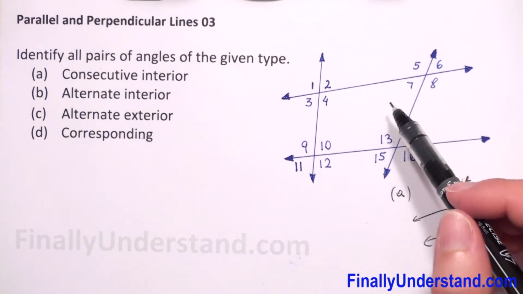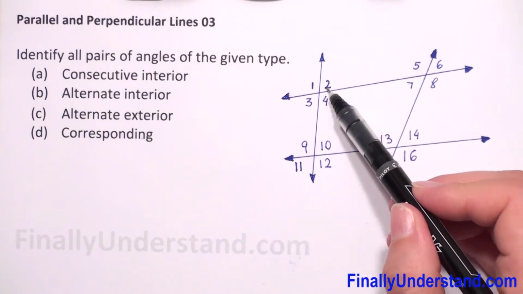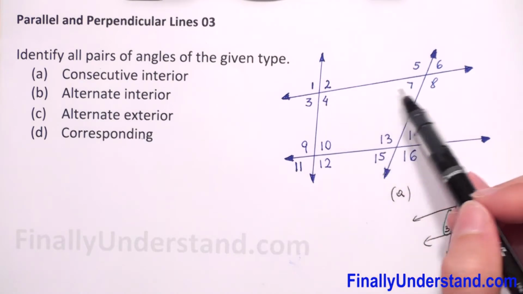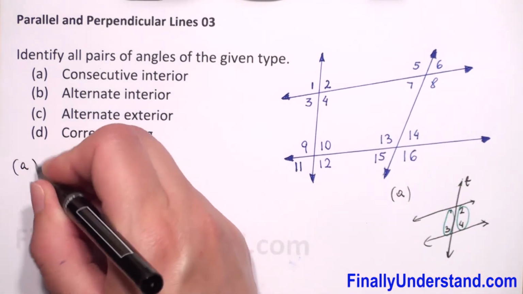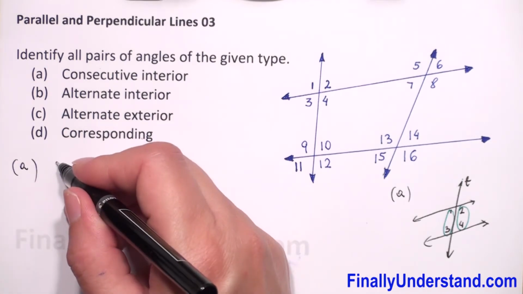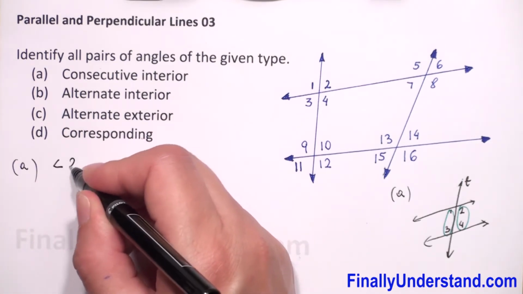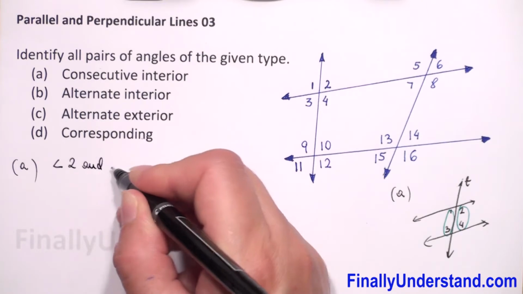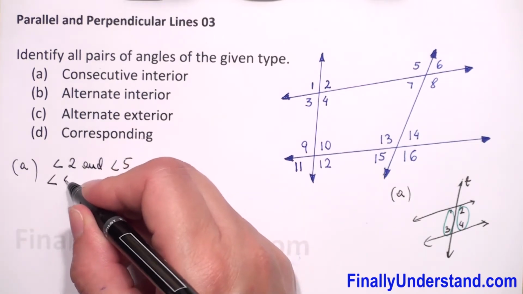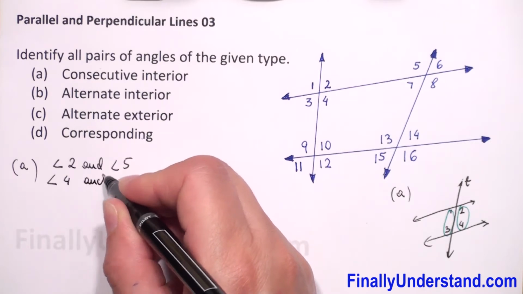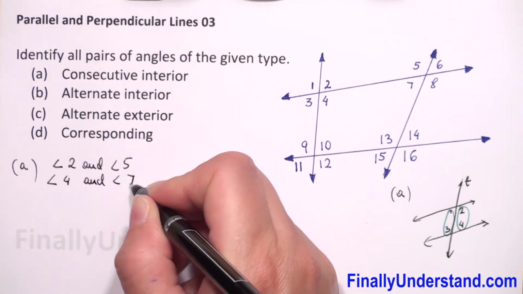So the consecutive interior angles will be 2, 5 and 4 and 7. So we have the answer: angle 2 and angle 5 and angle 4 and angle 7.